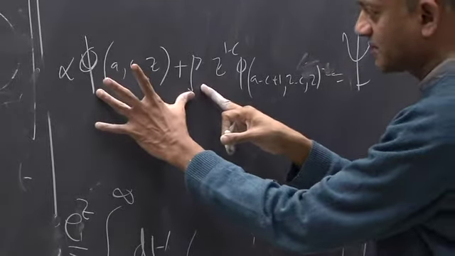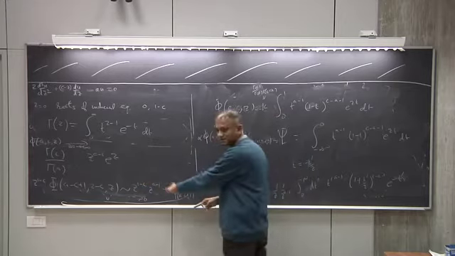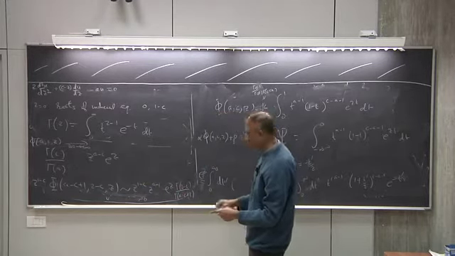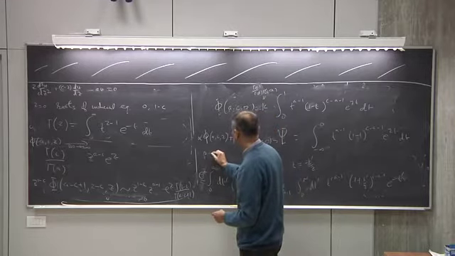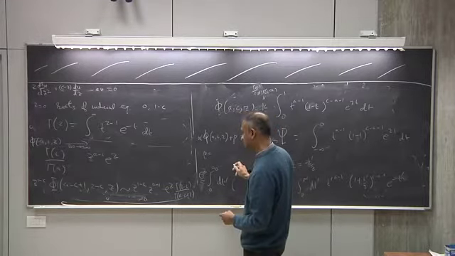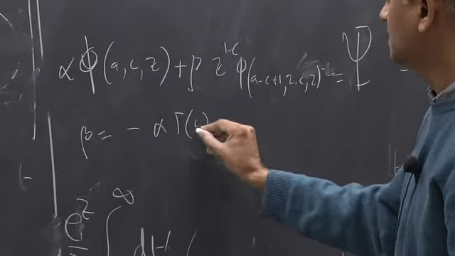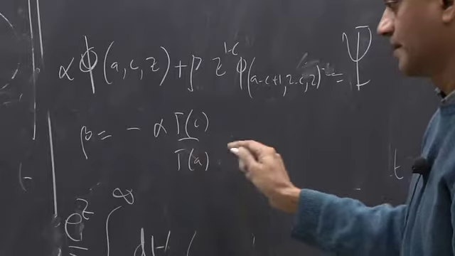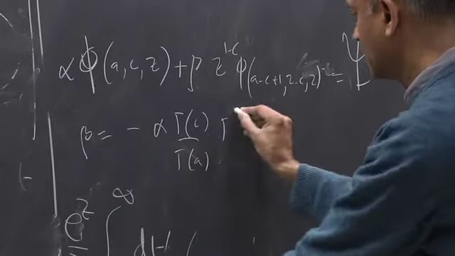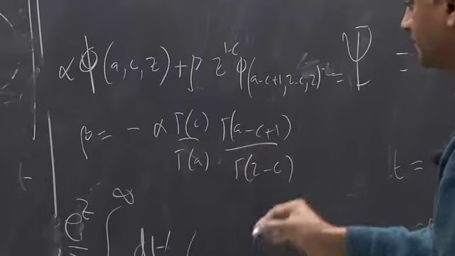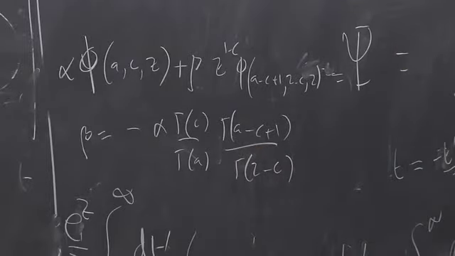Alpha and beta must be such that these leading terms cancel. So that already tells me the ratio of beta and alpha, right? Beta must be equal to minus alpha times gamma(c) over gamma(a), and then times gamma(a-c+1) divided by gamma(2-c), right?